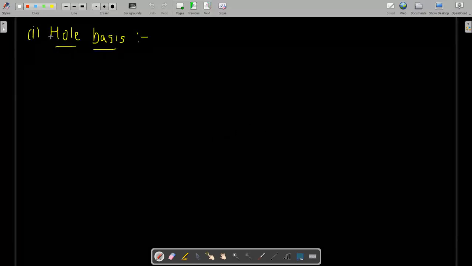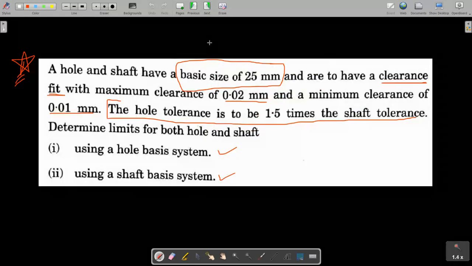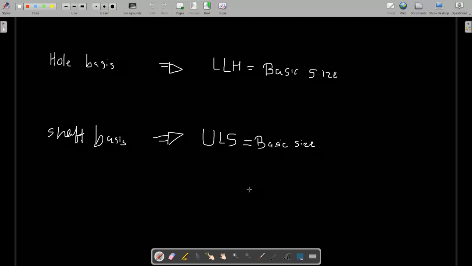So we will write three equations. And one more thing, whenever you solve a metrology problem, always show the dimensions. For example, here the basic size is 25 mm, so write 25.000 mm, because the tolerances are in microns, so to avoid error we can use this.